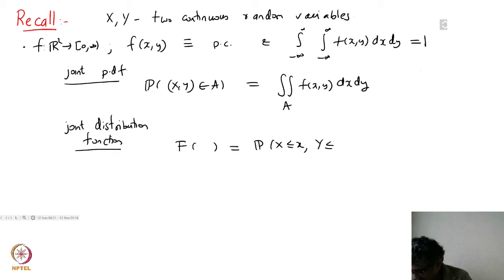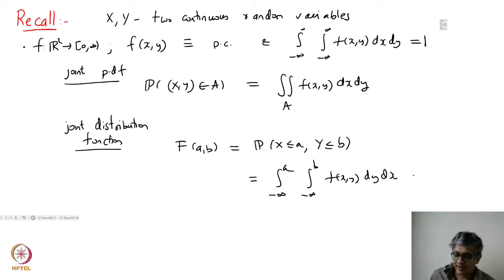F of (a, b) is the chance that X is less than or equal to a and Y is less than or equal to b, and that's just the integral from minus infinity to a, minus infinity to b of f of (x, y). Here I put dy dx, so I'll put y first. So the integrals over f give you the probabilities of X, and in turn the distribution function is given by this joint density.